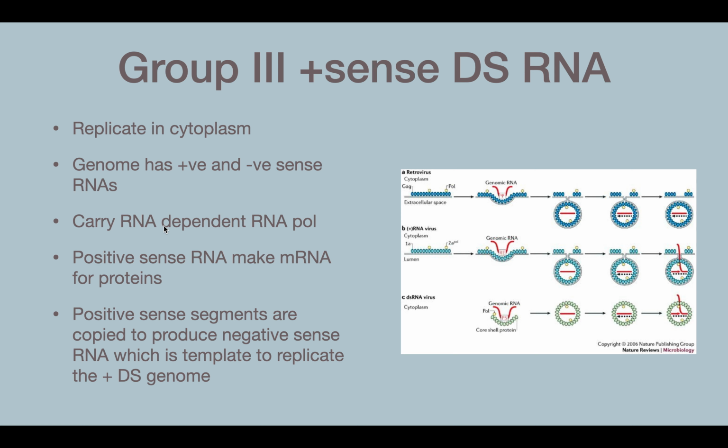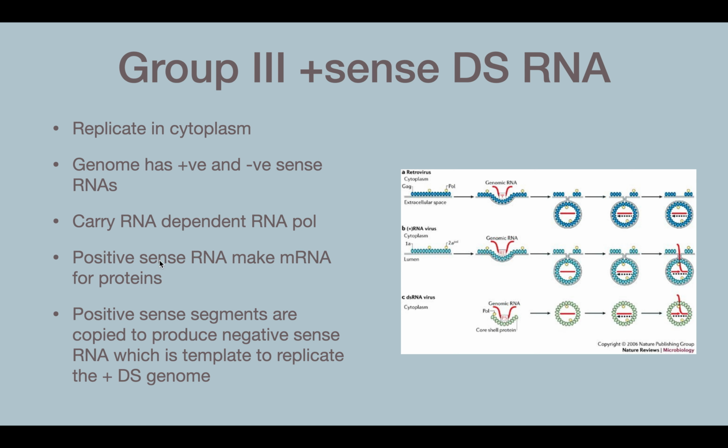So the positive sense RNA are going to make the proteins, and then the positive sense segments are going to be copied using the RNA polymerase to make the negative sense complementary strands, which is going to be the template to replicate the positive double-stranded genome.